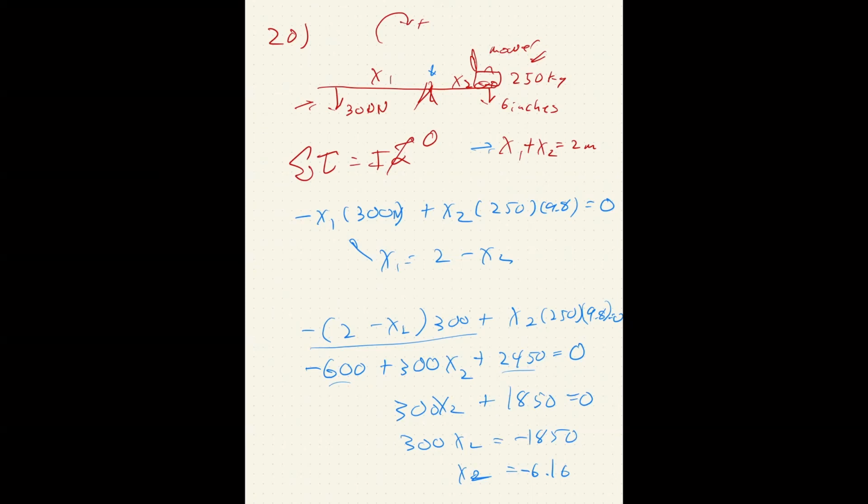Why do I say I have to have 8? Because if you put this negative 6.16 in here, x1 is at 8 meters away. So it's not 8 meters away.